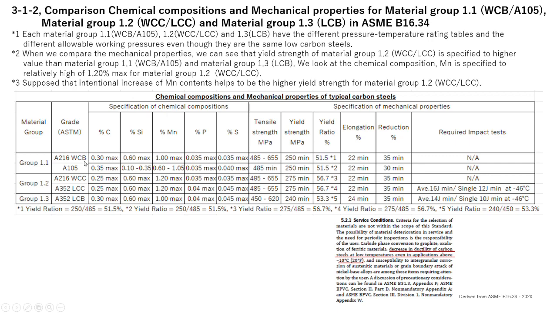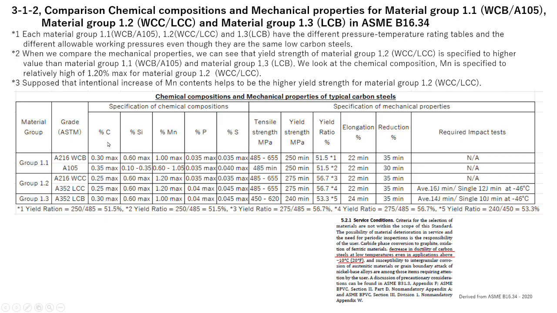Assigned here are WCB and A105 forging material in material group 1.1, WCC casting and LCC casting in material group 1.2, and LCB casting in material group 1.3. The specified chemical composition and the specified mechanical properties are indicated here.